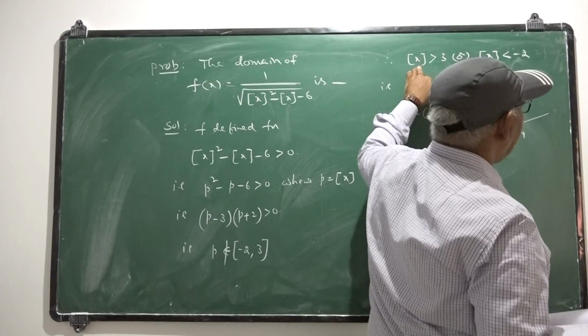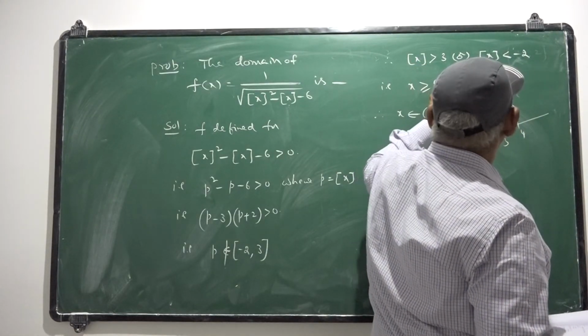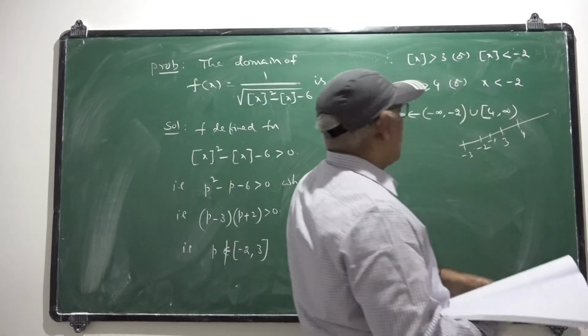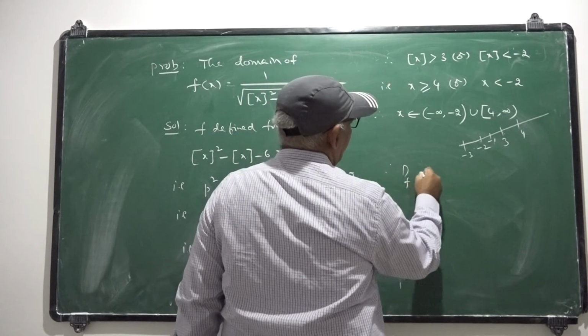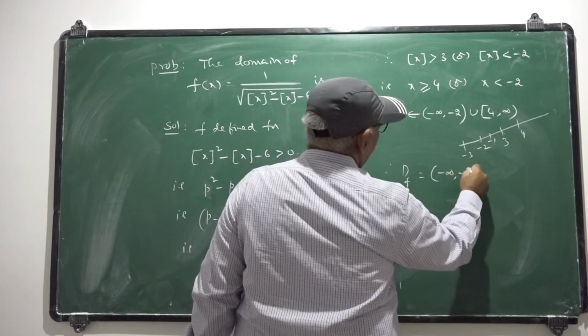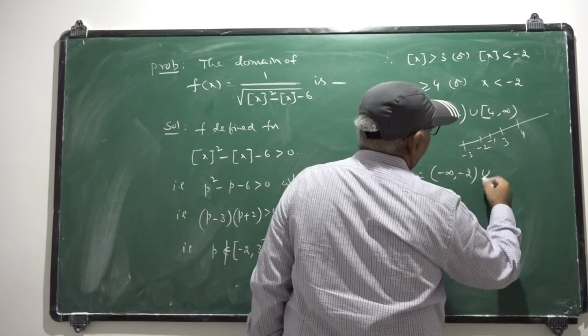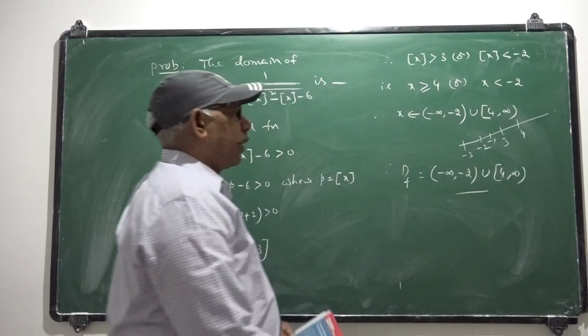The integer part of x being more than 3 means x must be more than 4 or 4 itself. Therefore the domain of the function is the union of the open interval minus infinity to minus 2 and the closed interval 4 to infinity.